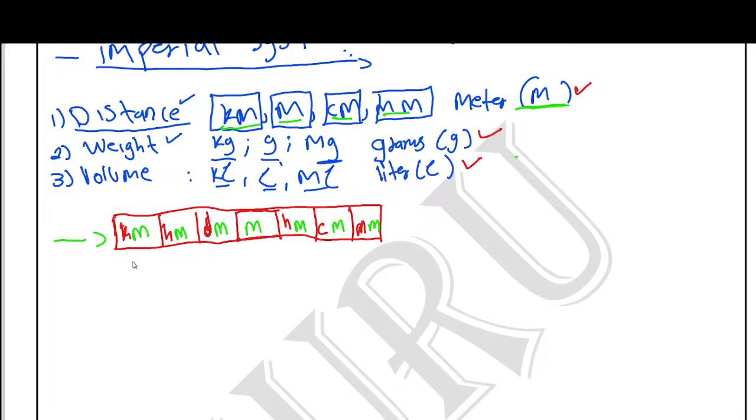This table ranges from kilometers to millimeters, meaning that when you look at this, kilometers are bigger than this, these are bigger than this, and these are bigger than this, meaning that millimeters is the smallest of them all, and the kilometers are the biggest.